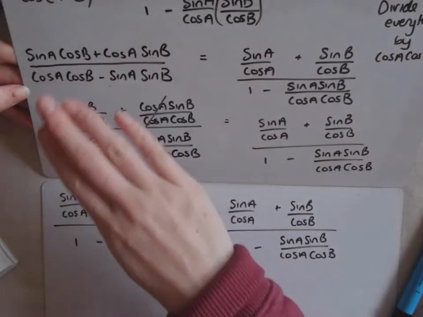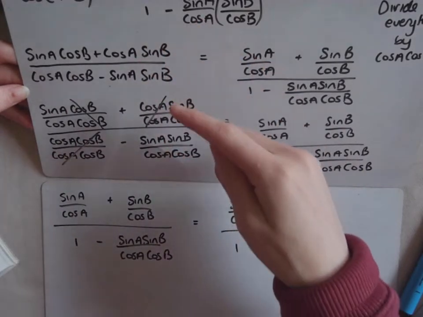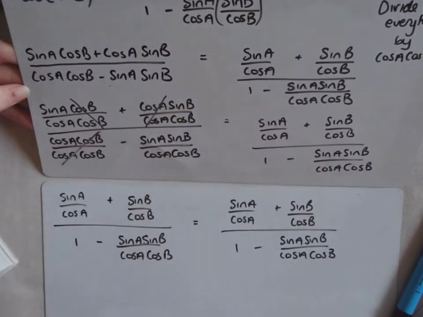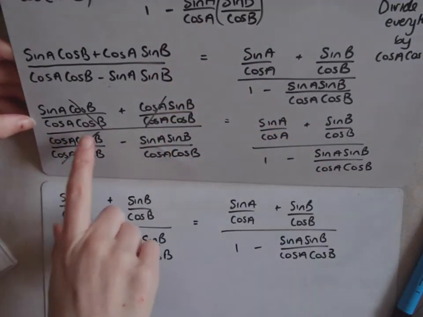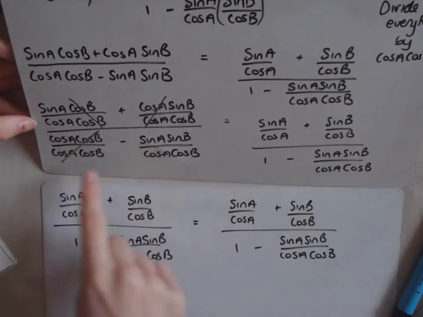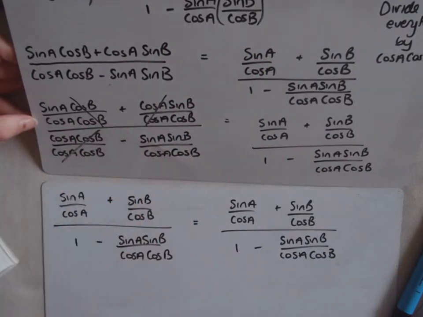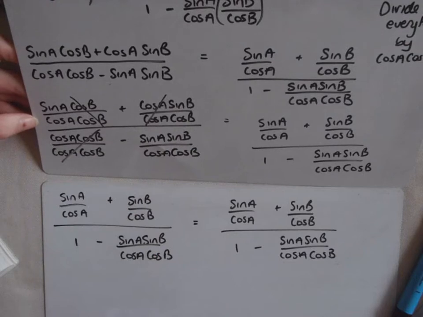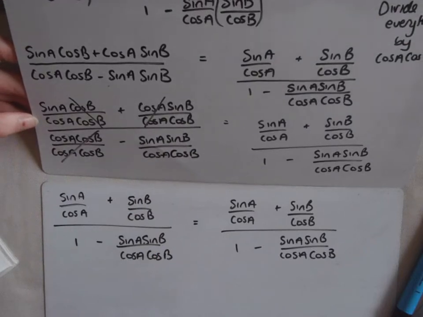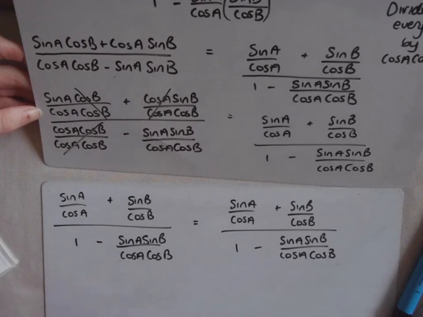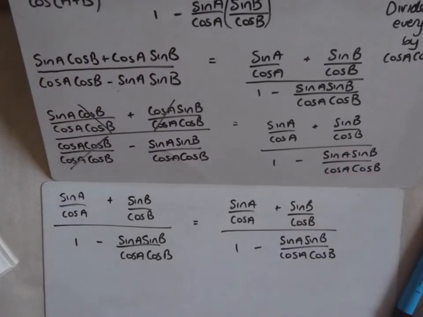So whatever I do, I have to do to the top and the bottom of this side, okay? So that's why I divided everything on the top by cos A cos B, and everything on the bottom, and it doesn't change it. Is that okay?